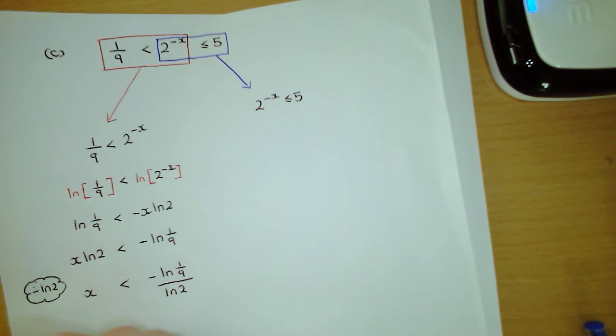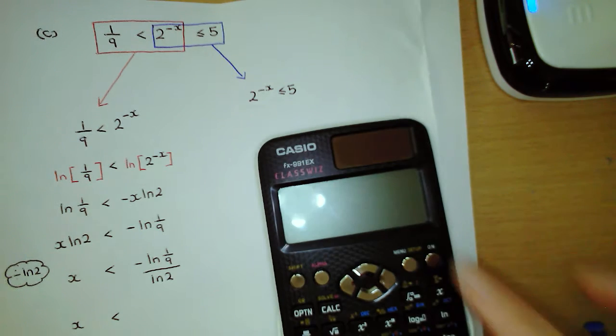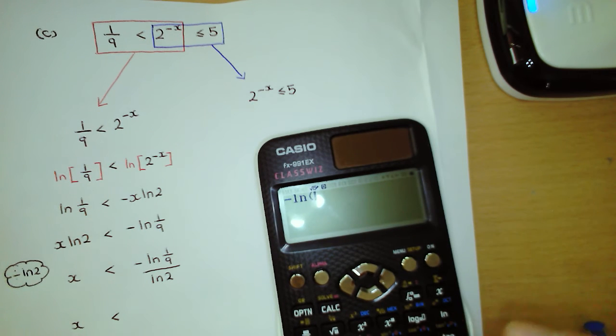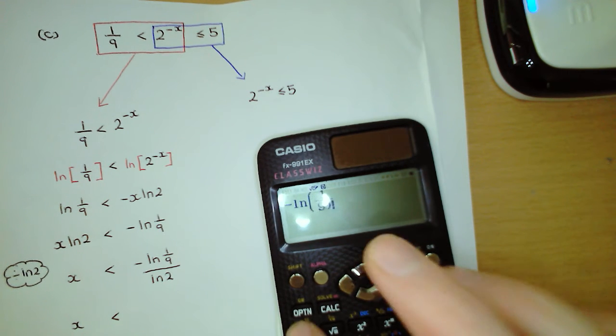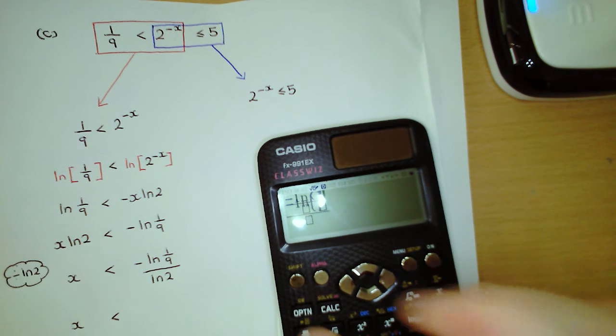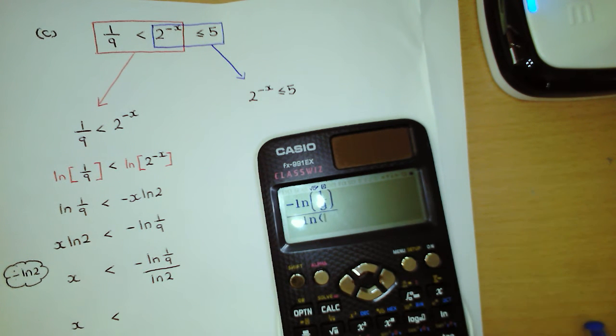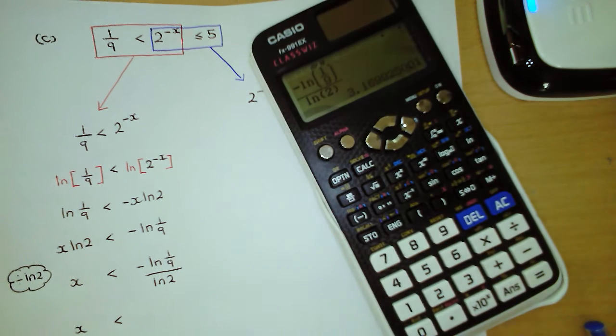So we're going to have x is less than, and then go to our calculator. And that's going to give us 3.1699.